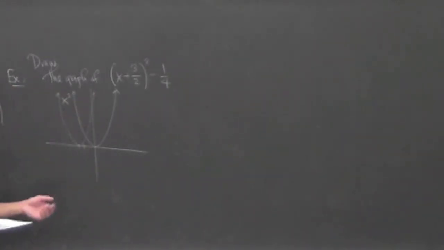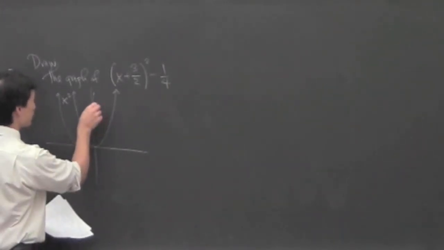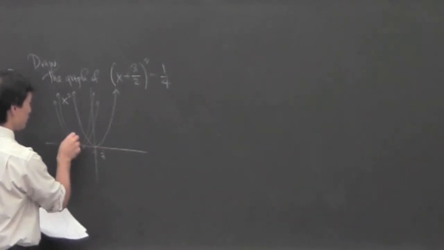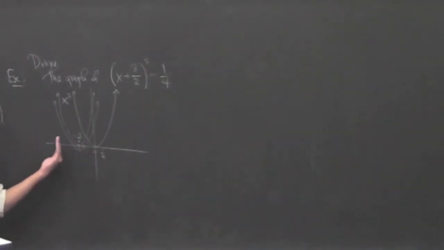And then what's the second thing we do? We move it down by a quarter. So we moved it across to negative 3 halves, and we moved it down a quarter unit. Does everyone see that from here?